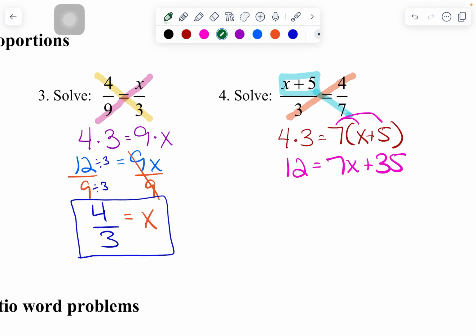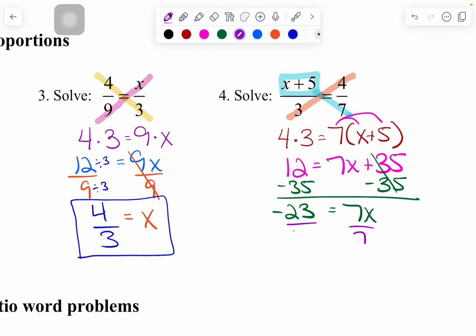Let's go ahead and solve for x. So subtracting 35 from both sides. So let's see, 7x equals 12 minus 35, which is going to be a negative, I'm feeling 23 there. Let's go ahead and divide out the 7. And kind of like the last problem, where we did 12 over 9, 23 over 7 isn't going to divide perfectly.